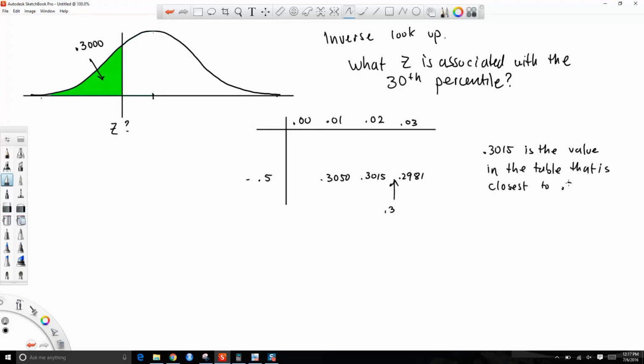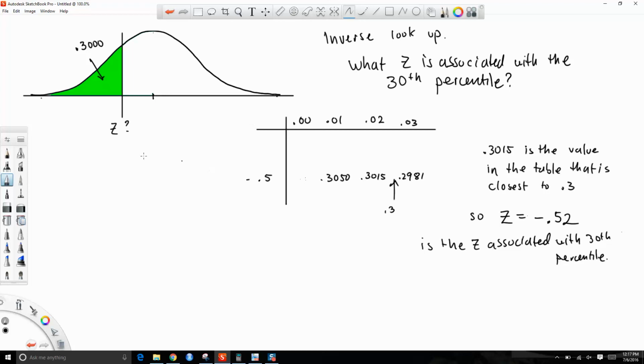So that means z equal to negative 0.52 is the z associated with the 30th percentile. So what is this z?